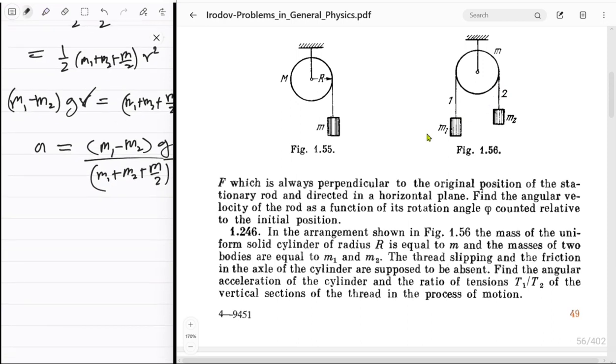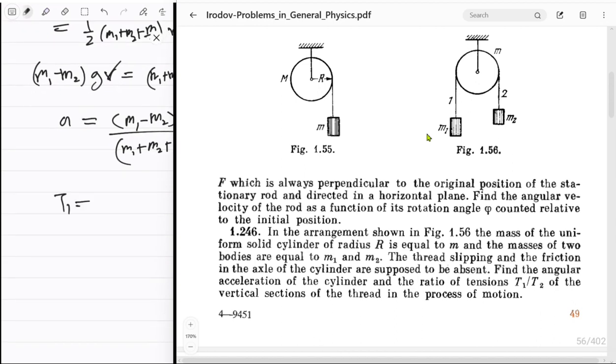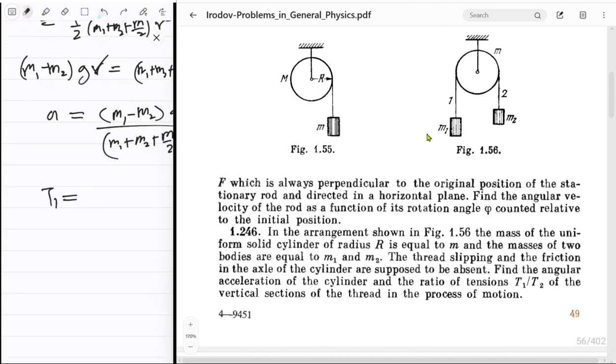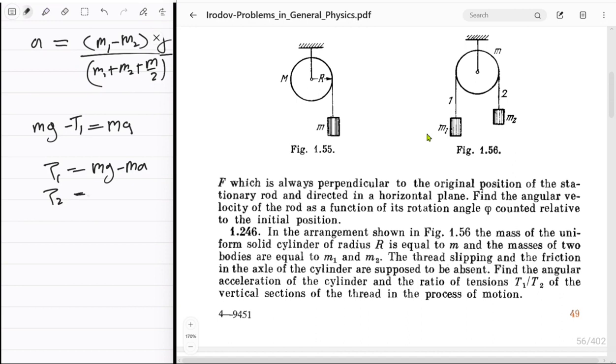Cool. So you got the acceleration. Now, what do you want? First of all, what are T1 and T2? So m1 g minus T1 is equal to m1 a. So T1 is equal to m1 g minus m1 a. And T2 is equal to m2 g plus m2 a.